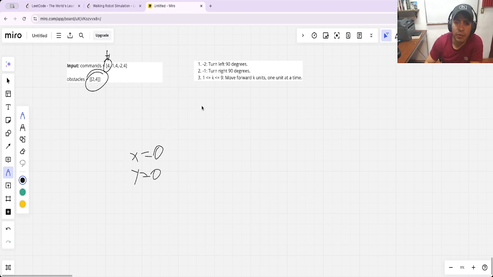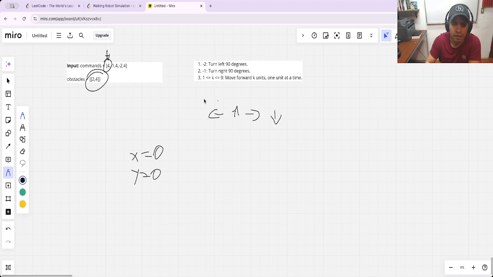We can use the direction array that we usually use in a graph. At the beginning, the directions are declared here: left, up, right, and bottom.